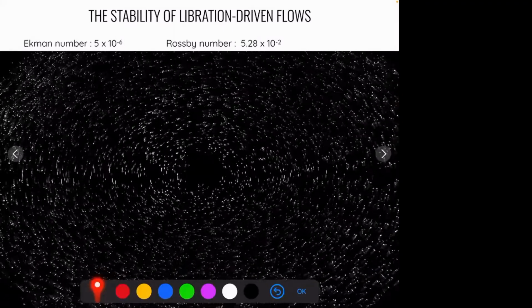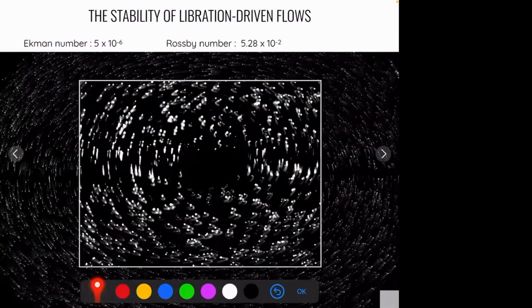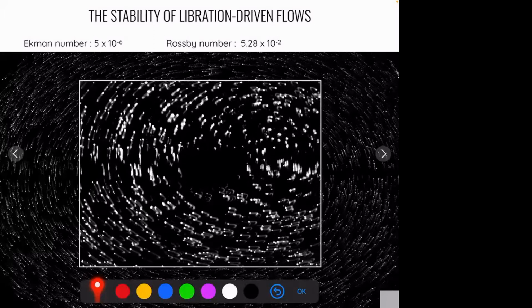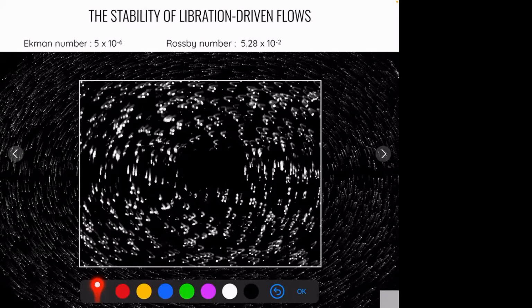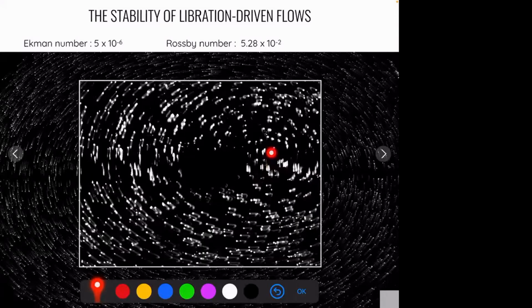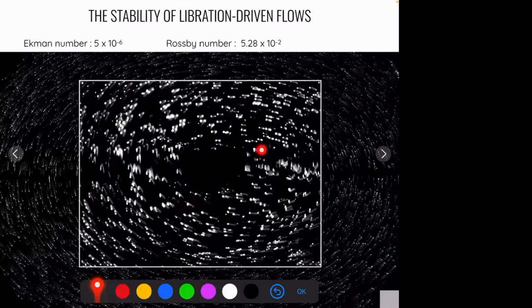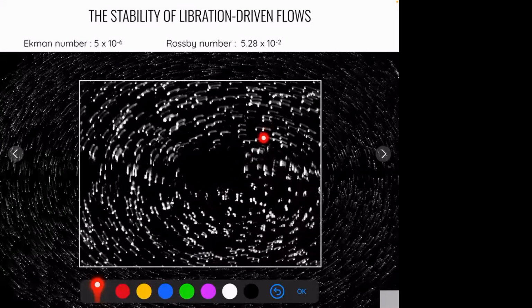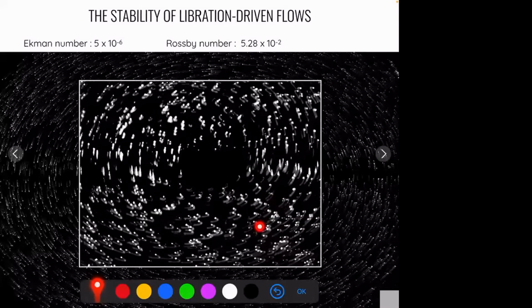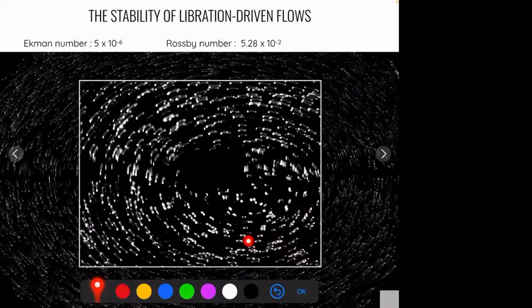And if you wait for a few minutes, then you see, if you focus in the center, if you look carefully, you see that you not only have the back and forth motion of the libration flow, you also have radial motion that's happening at twice the period of the libration period.